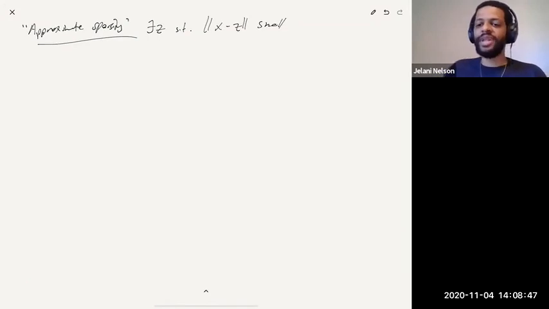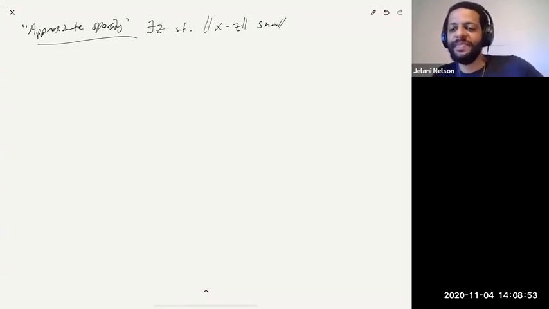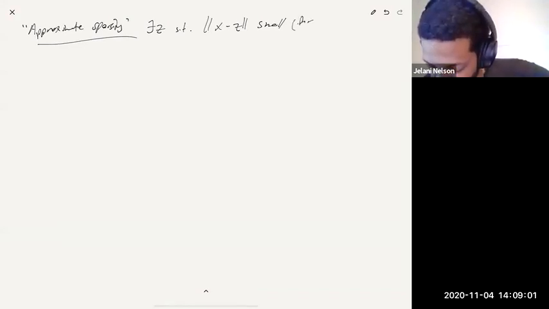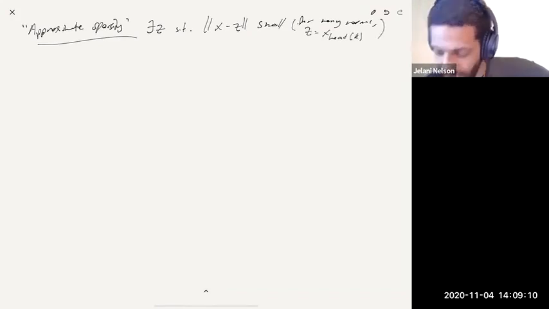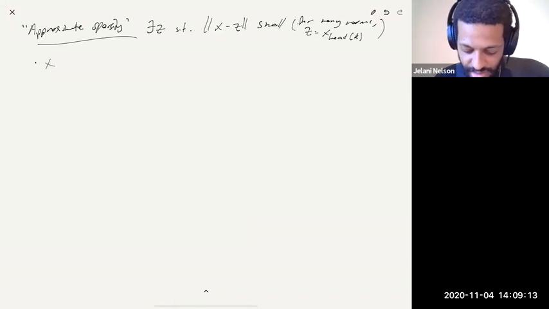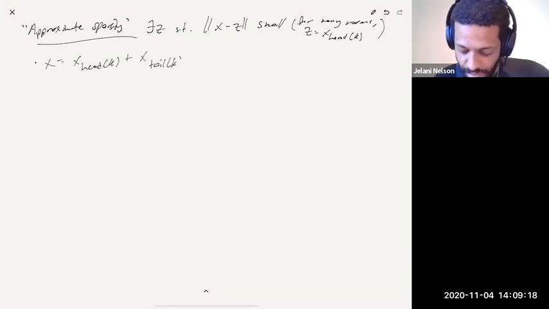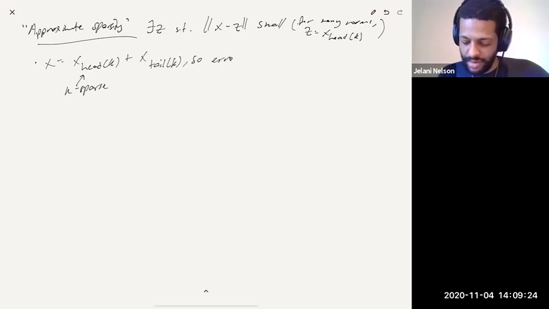For many norms we've been talking about, like Lp norms, z should just be x projected onto its top k entries in magnitude. I'll call it x head k. So I can write x projected onto the top k coordinates in magnitude, and then there's the tail. The head is k-sparse. So the error is basically the norm of x tail.